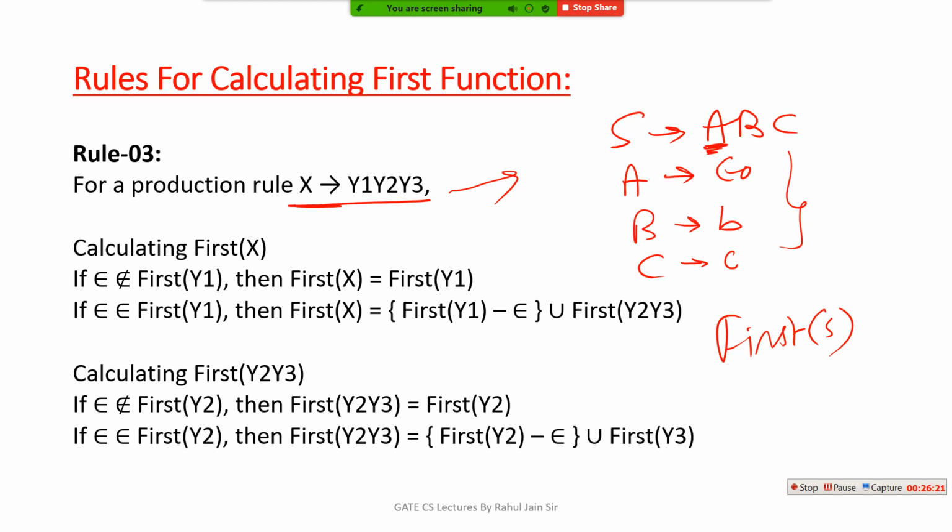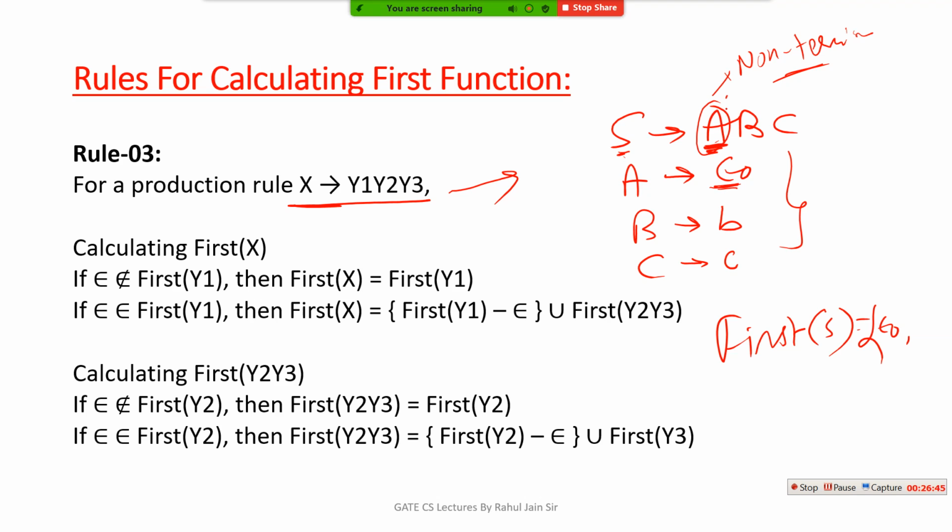Here it is not a terminal, it is a non-terminal, so I need to include first of this non-terminal as first of S. So first of S would be first of A. What is first of A? First of A is epsilon.